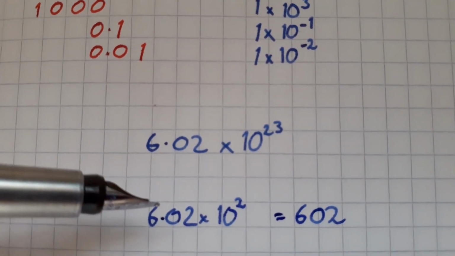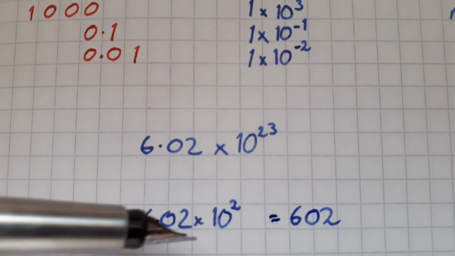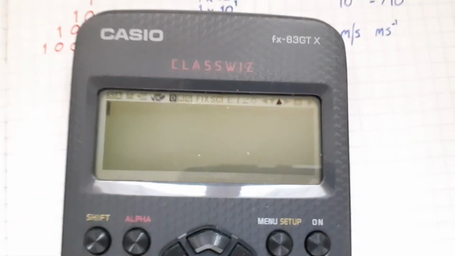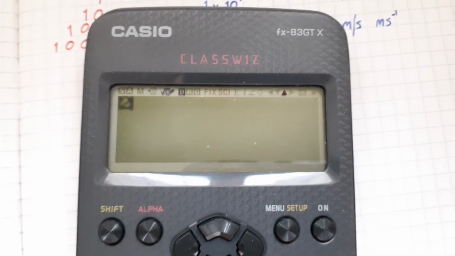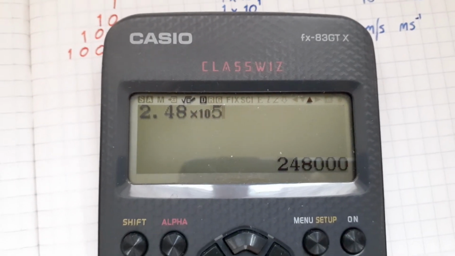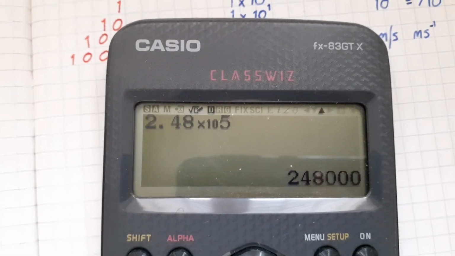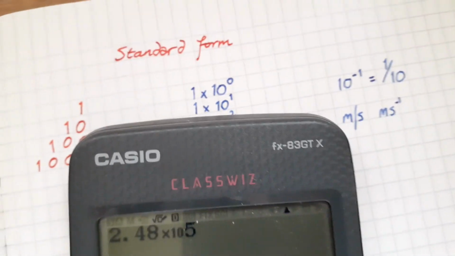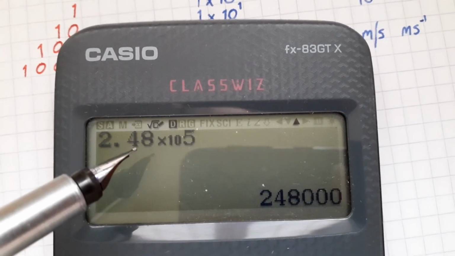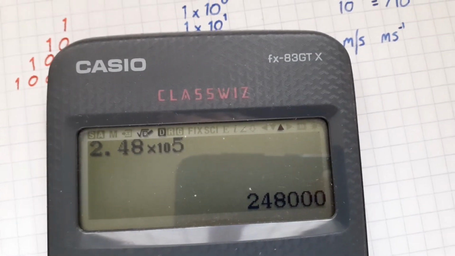Okay, so 6 with 2 zeros, but wait, that second zero's a 2. And as I say, use your calculators. Okay, so play about. Do 2.48 times 10 to the 5. What do we get? We've got 2 with 5 numbers after it. Not all those numbers are zeros though, because of that decimal point.